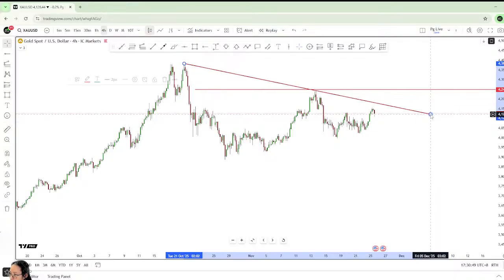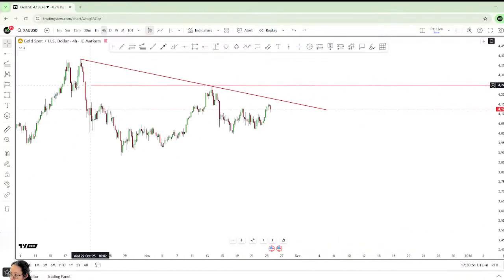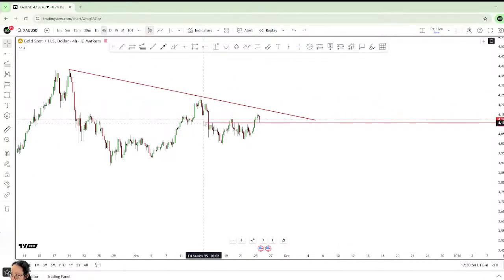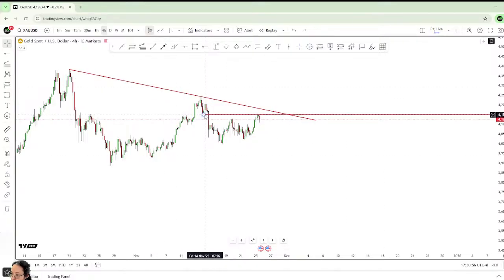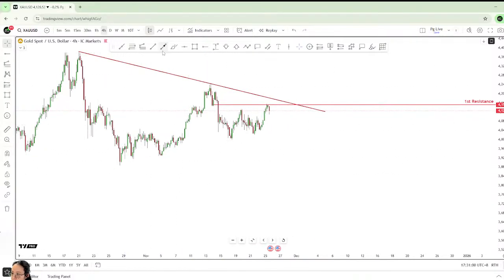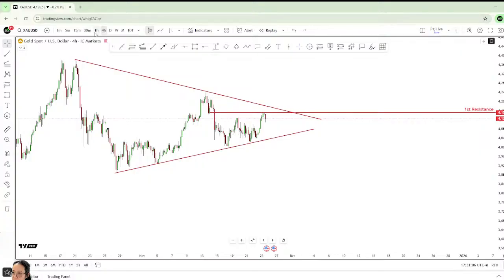It's about here. Remove the triangle. This is the first resistance. I'm going to say this is within the triangle here.